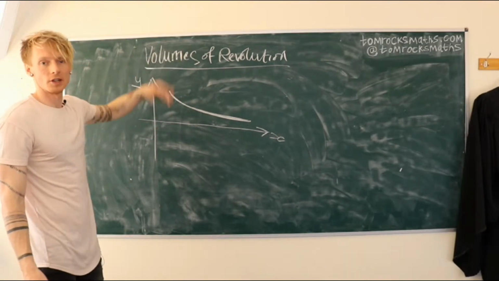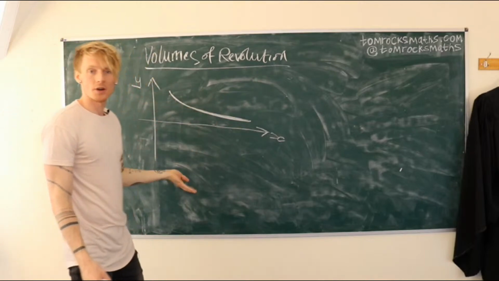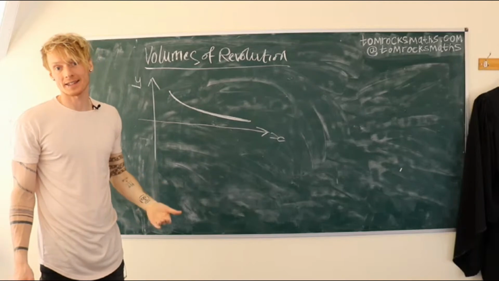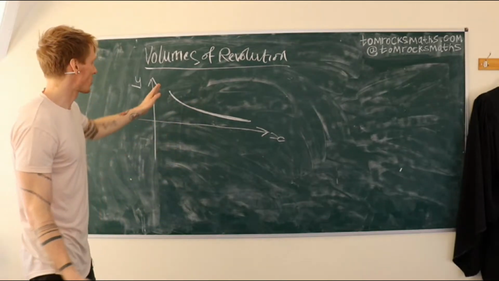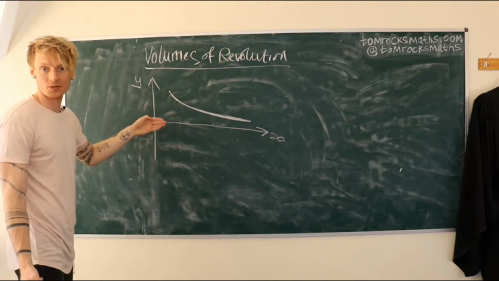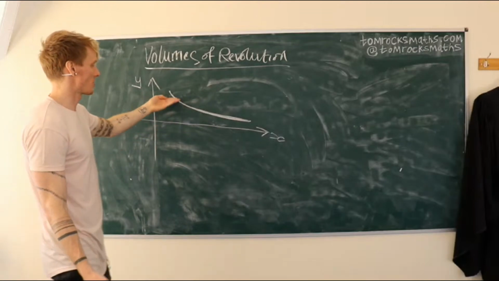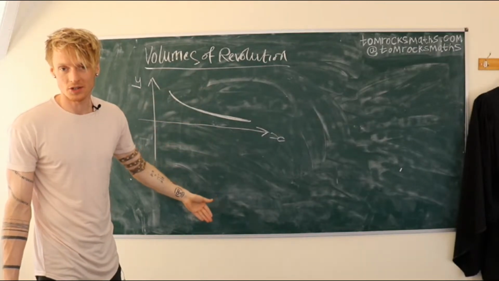Now, a volume of revolution is formed by taking your curve and rotating it around an axis. So you've got two axes which we can rotate around. I could rotate around the y-axis and create a three-dimensional shape, or I could rotate around the x-axis and create a different three-dimensional shape.